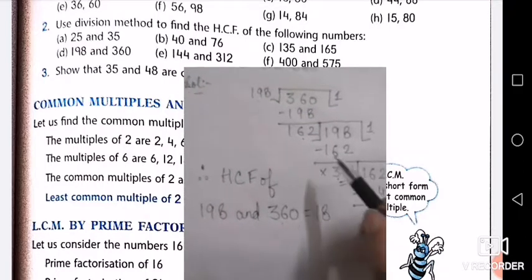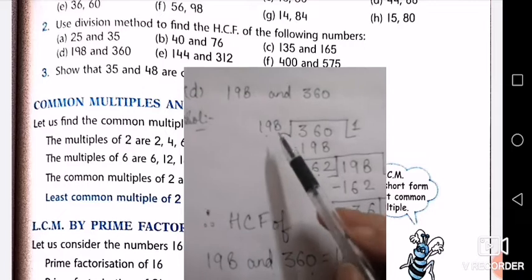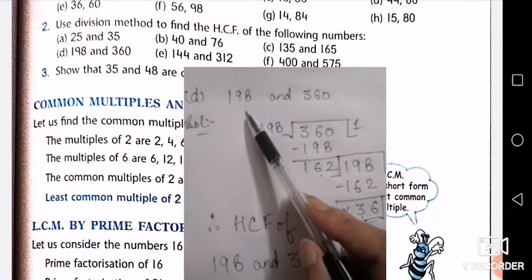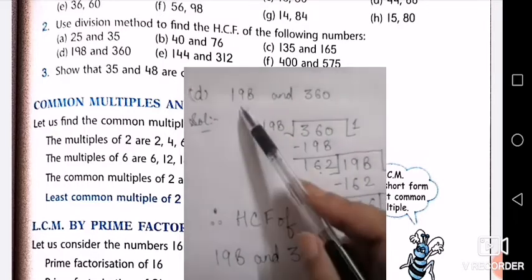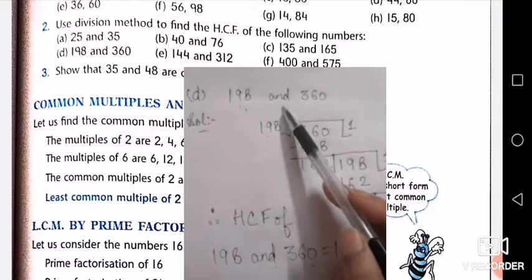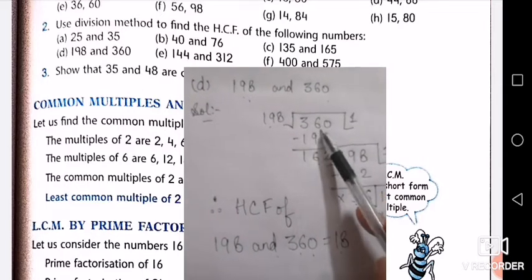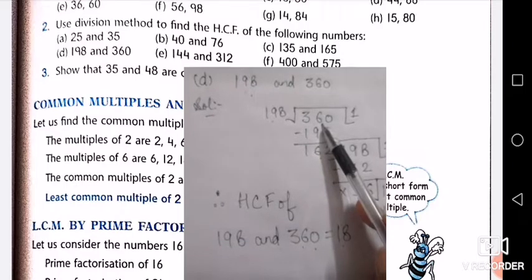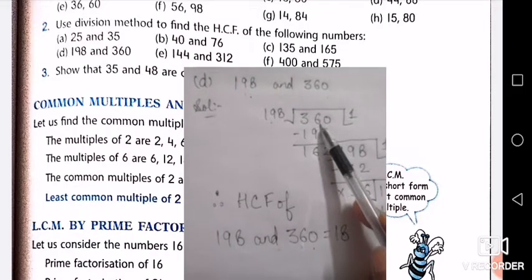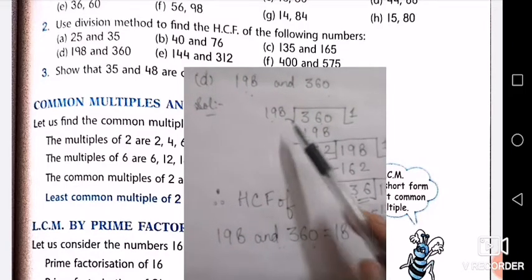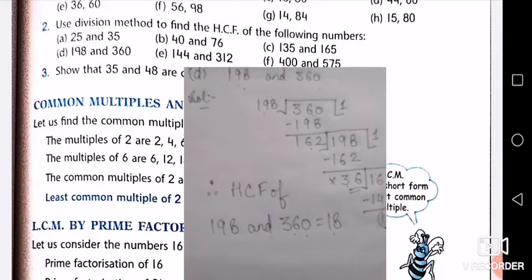So let's see this question again. What is given to you? You have been given two numbers, that is 198 and 360. Because 360 is the bigger number, you have taken it as the dividend and 198 as the divisor.